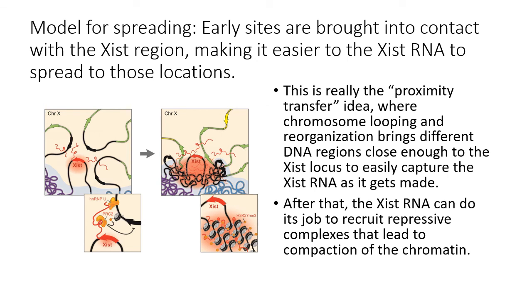Okay, so the model for thinking about this is that the Xist DNA is cranking out Xist RNA, and because this region is being visited by all these other sections of the chromosome, the RNA can go rapidly and easily to sites which are physically distant on the chromosome because of chromosome looping and DNA reorganization.